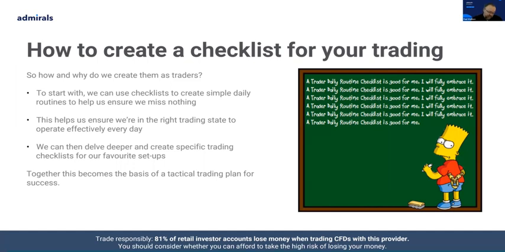So, that's all well and good, but what we want to be able to do is to see, well, all right, how do we do it for our trading? So, how and why do we create them as traders? So, we can have lots of checklists. To start with, we can use checklists just to create simple daily routines to help us ensure we miss nothing.